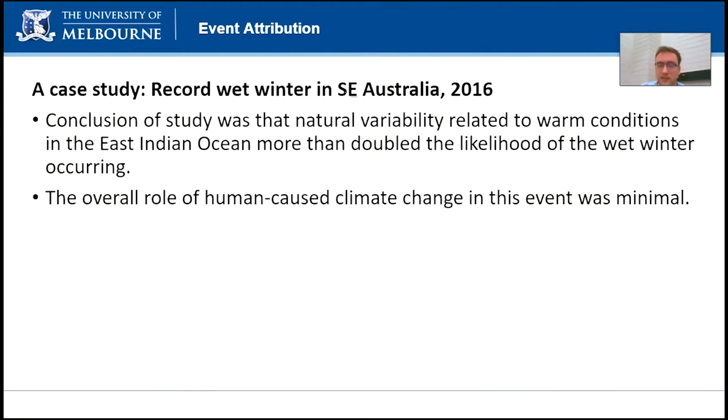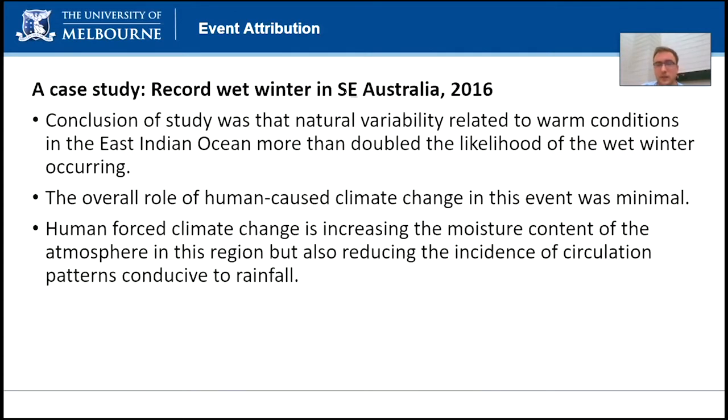This actually masks a more complicated influence of climate change. I'm not showing you the whole analysis I did here, but I find that human-forced climate change is increasing the moisture content of the atmosphere during winter in Southeast Australia, but it's also reducing the incidence of circulation patterns that we would associate with rainfall.